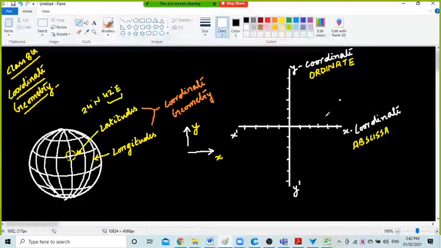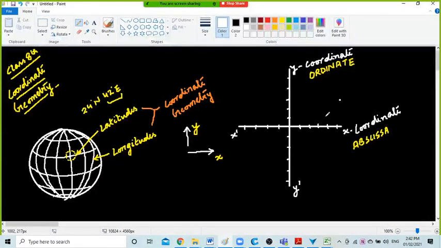So remember that whenever some value is written like this, the first value is representing the value on the x-axis and the second value is representing the value on the y-axis. So you can call it P (3, 2).